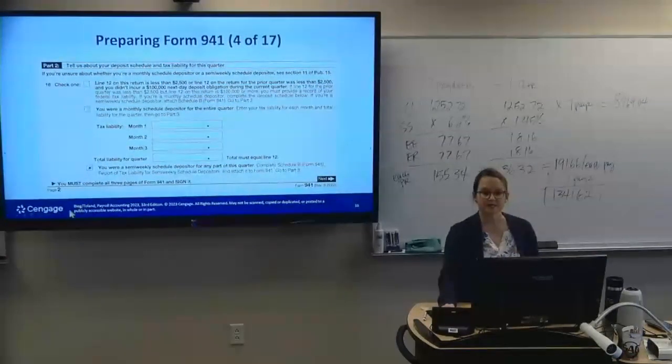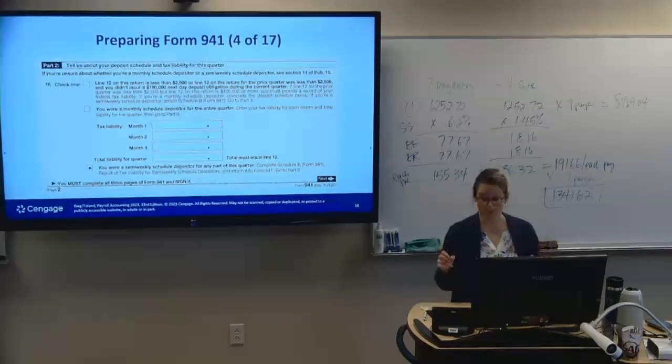Okay, so you'll see that on this particular example, they don't have 3 months. That's because they were not a monthly depositor. They were a semi-weekly depositor. Semi-weekly depositors have a separate form that has to be filled out. The same goes if you were a next day depositor.